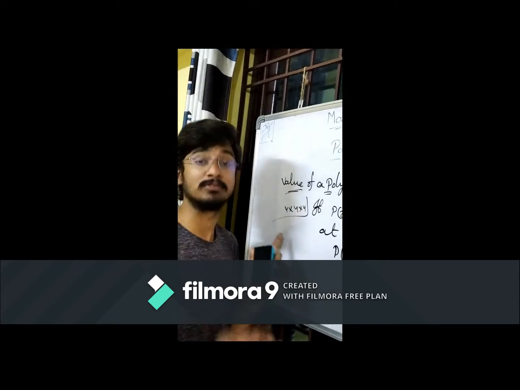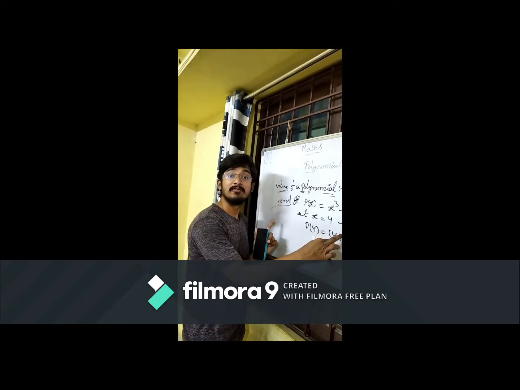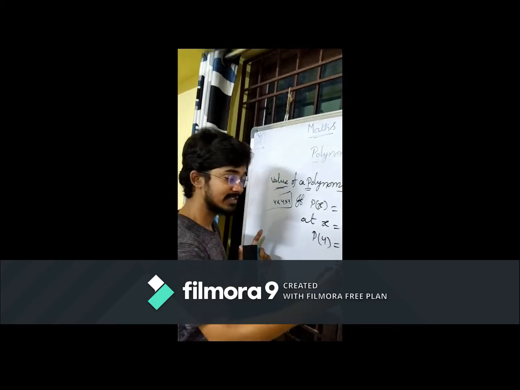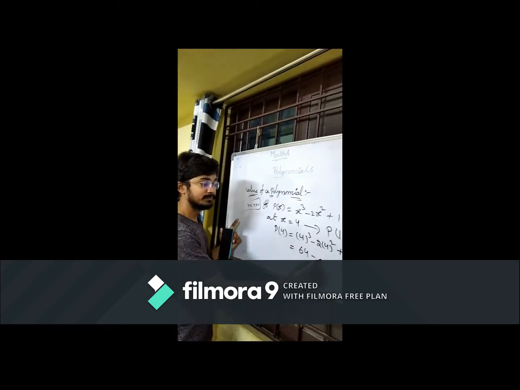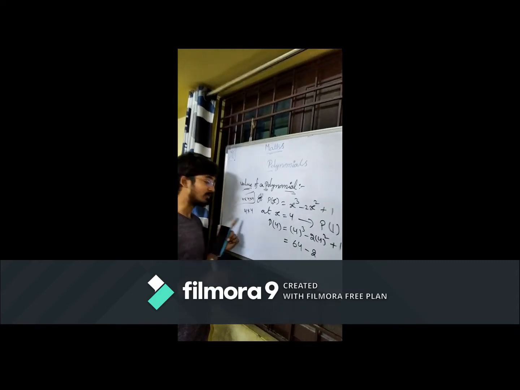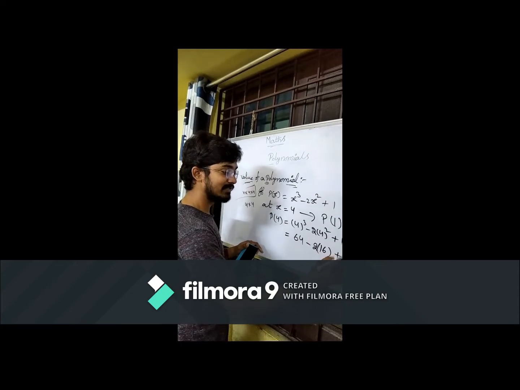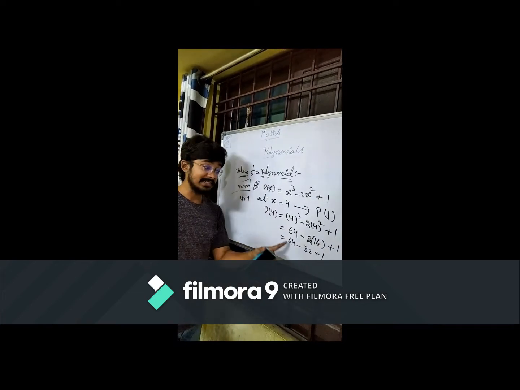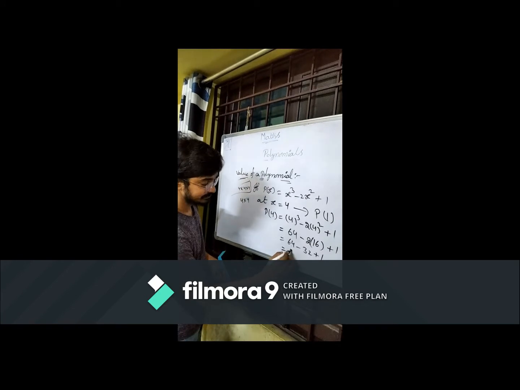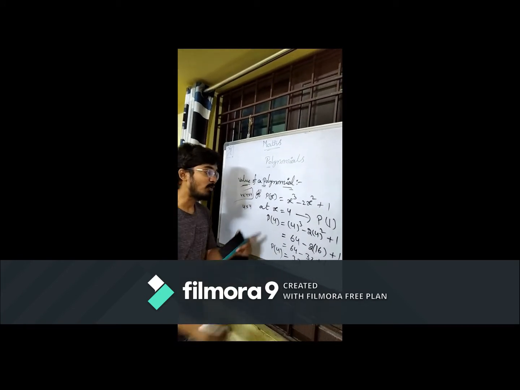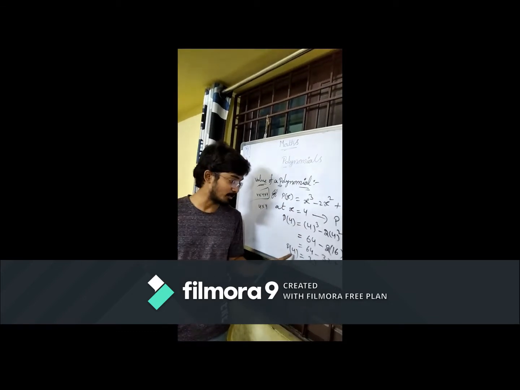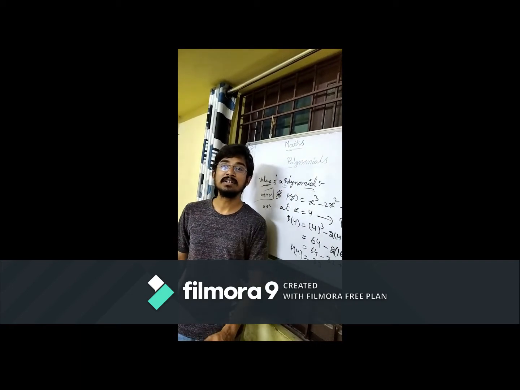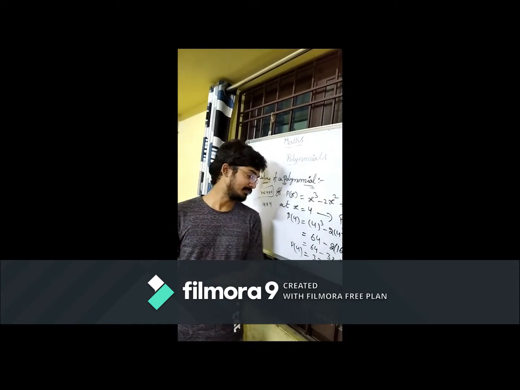You have to multiply those three 4s; it means 4 repeated 3 times. 4 into 4 is 16, 16 into 4 is 64. 64 minus 2 into 4 square. 4 square can be written as 4 into 4, which is 16. So 64 minus 2 into 16, which is 32, plus 1. 64 plus 1 is 65, 65 minus 32 is 33. So the value of polynomial p of x at x equals 4 is 33.